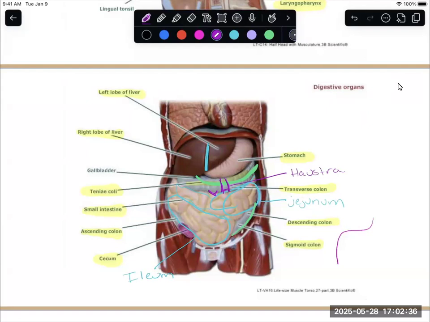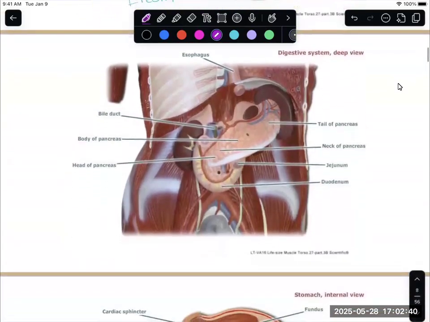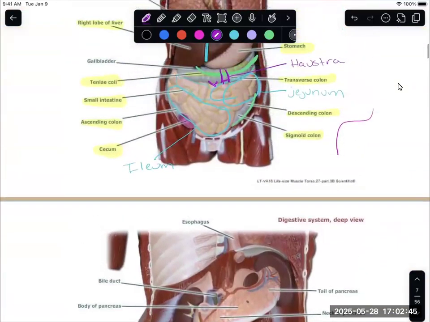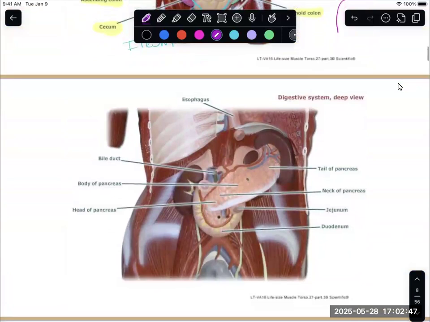So if we take out some of the organs from here, we take out the liver, we take out the stomach, the large and small intestines, now we can see the pancreas. And we see the duodenum, because here's the duodenum. So you can see this duodenum is this short.